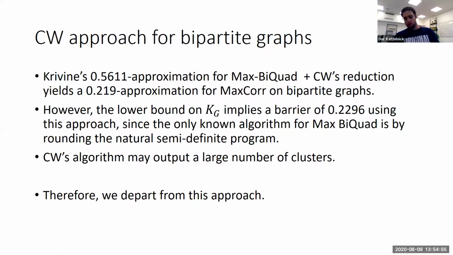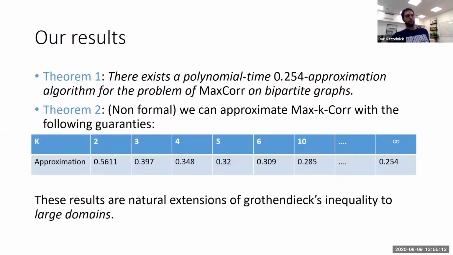And if we want to solve the MaxCorr problem, where the number of clusters in the output is limited to be at most k, we cannot use this algorithm. So what do we do? We depart from this approach and we try something a little bit different. Okay. So before I show you what we did, I will talk about the results.